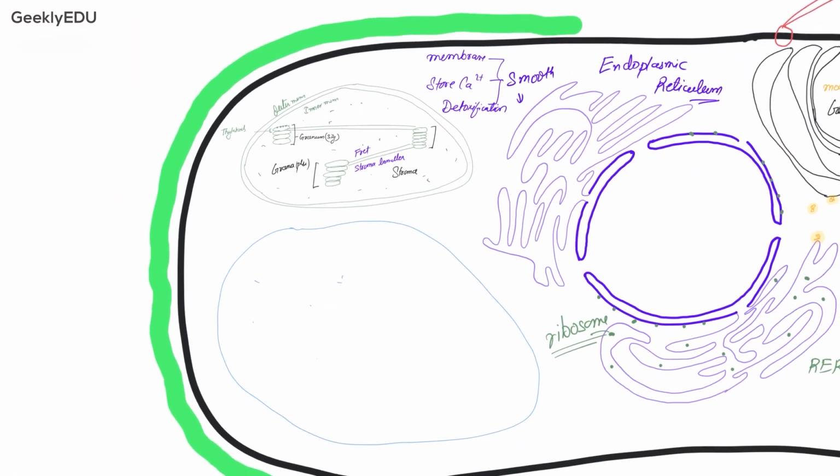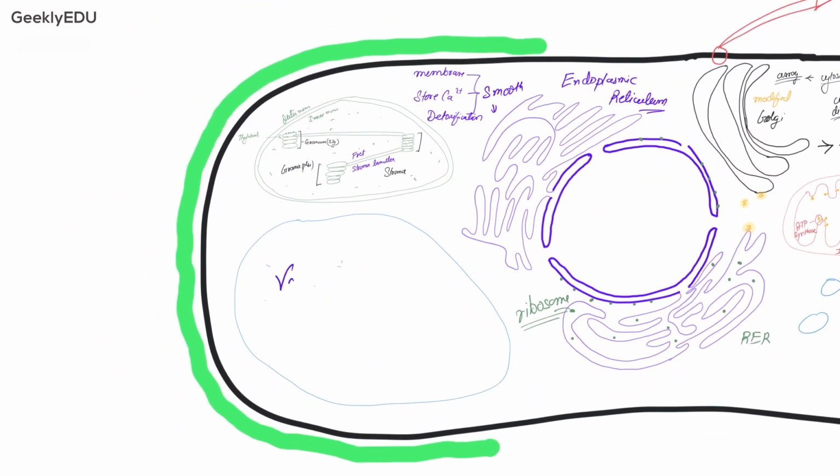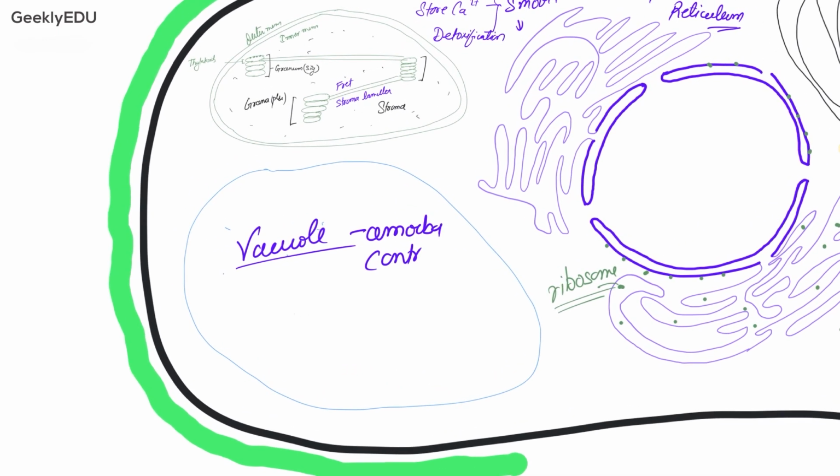Now there's another organelle, a vacuole. Now, vacuole can do different jobs in different cells. Now, if you talk about amoeba, an amoeba has a contractile vacuole. This contractile vacuole can pump out the extra water that you have. Now, in case of plants, these vacuoles can store a lot of other substances. So, there's a lot of storage going on in some plants.